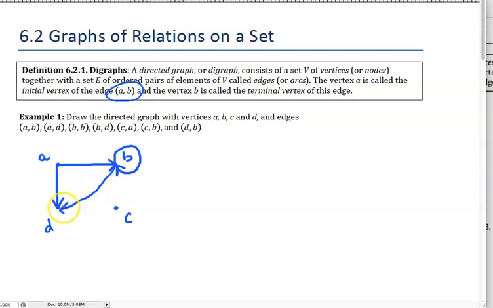The important information is that B is going towards D. And C goes to A, so there's an arrow that way. C goes to B, arrow this way. And D goes to B, which means there's an arrow going this way. So you see there are two edges between B and D going both ways.